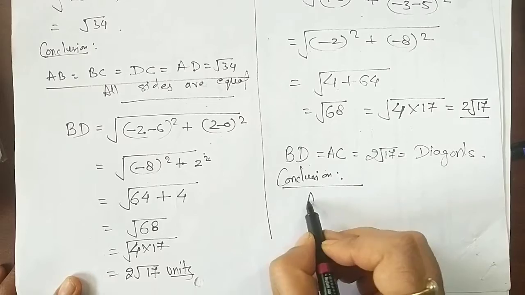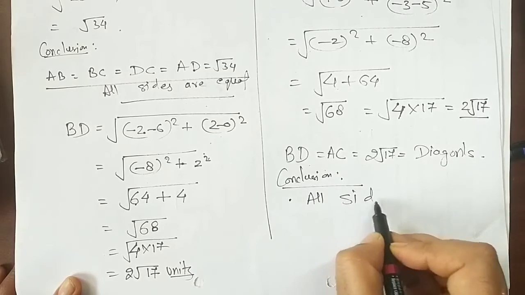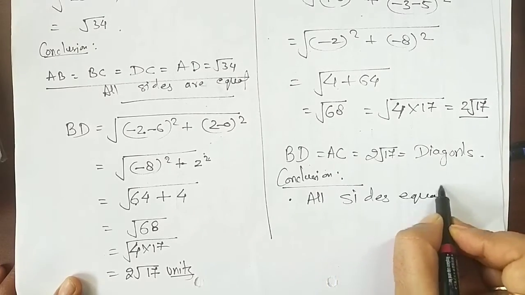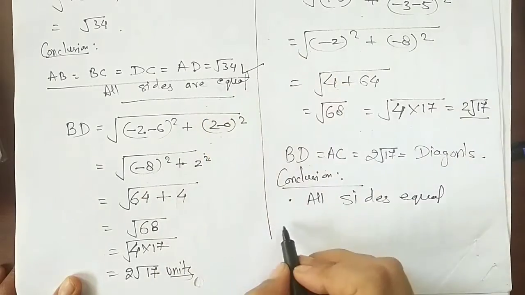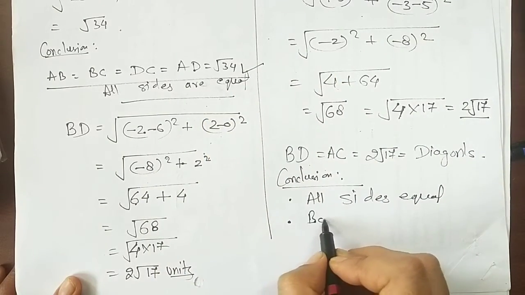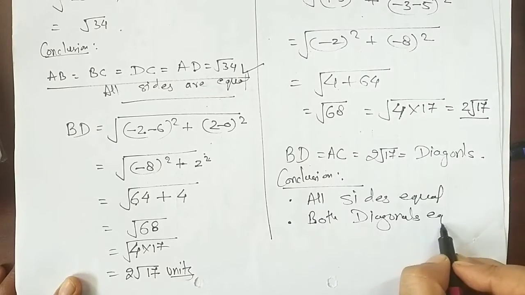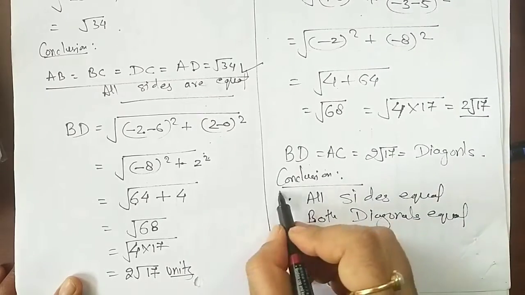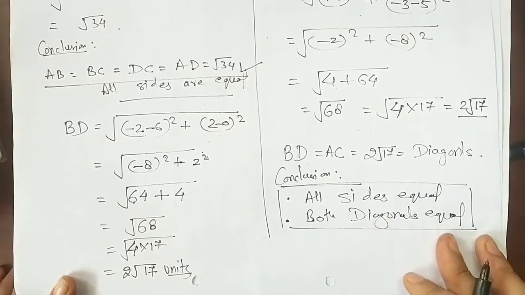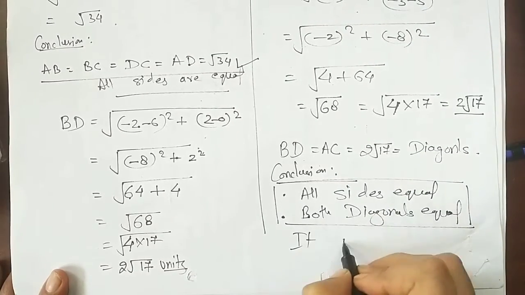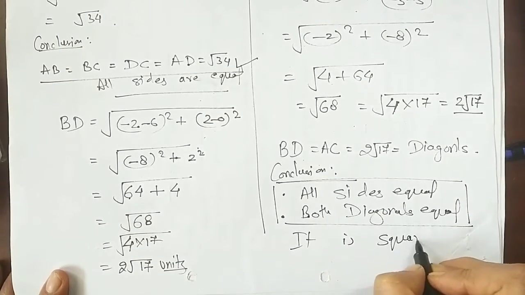Final conclusion is all sides are equal, and the second conclusion is both diagonals are equal. So that means it is nothing but a square. You can declare it, right?